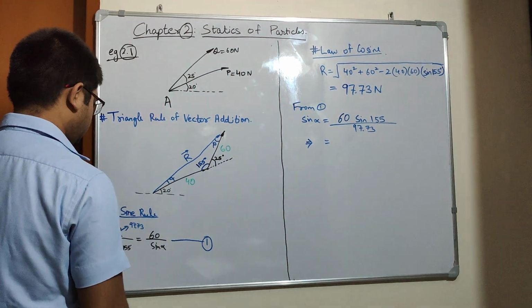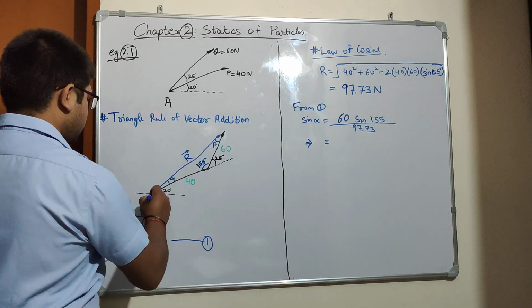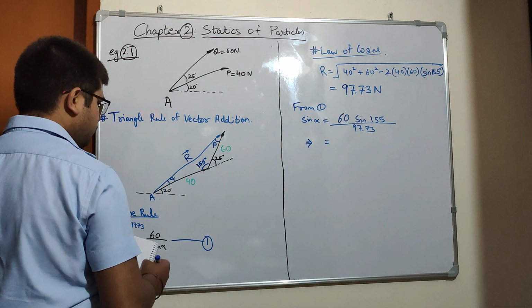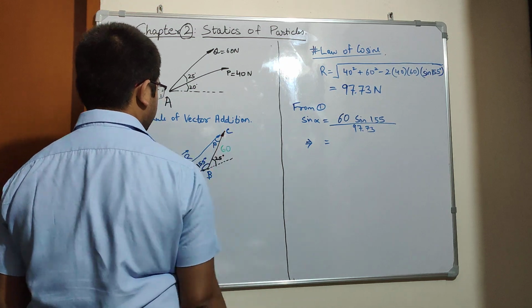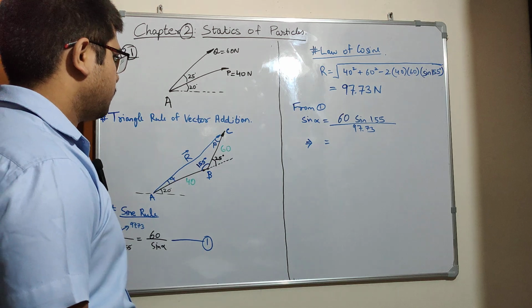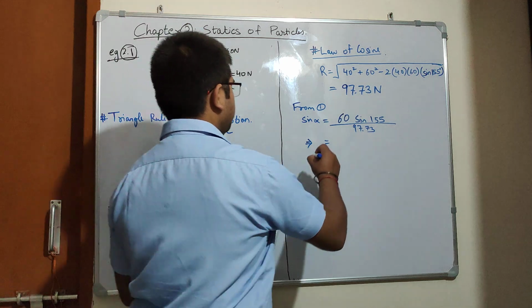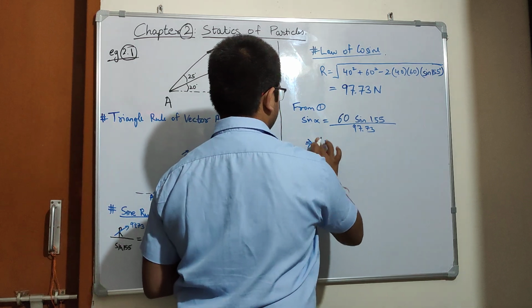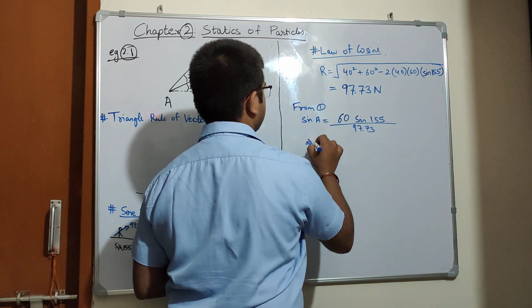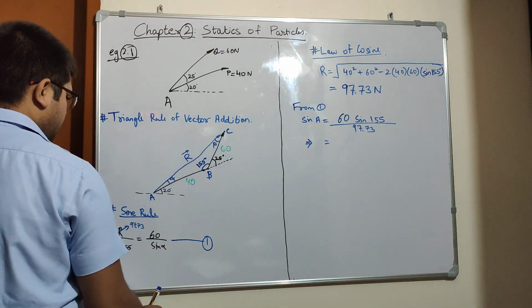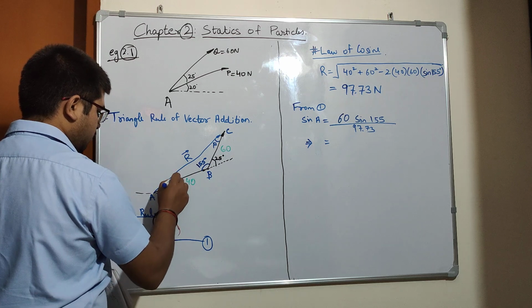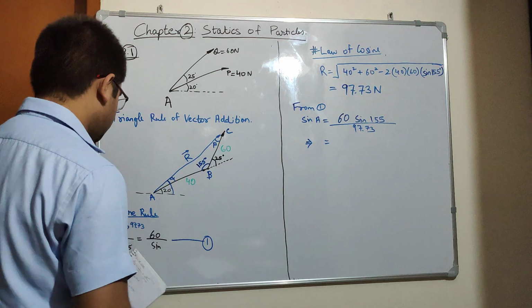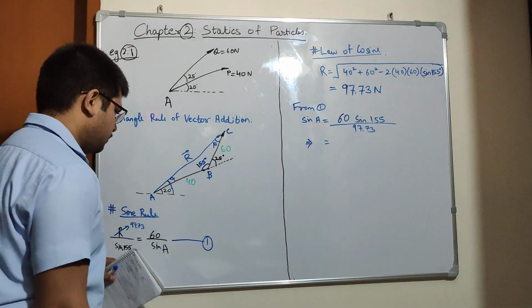So this is A, this is B, this is C. So sine alpha would turn out to be, or we can say angle A. Here also angle A. Alpha is this whole angle.